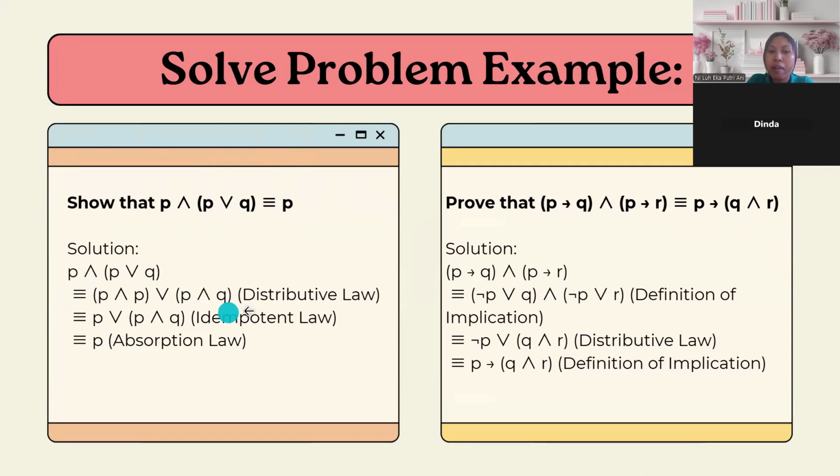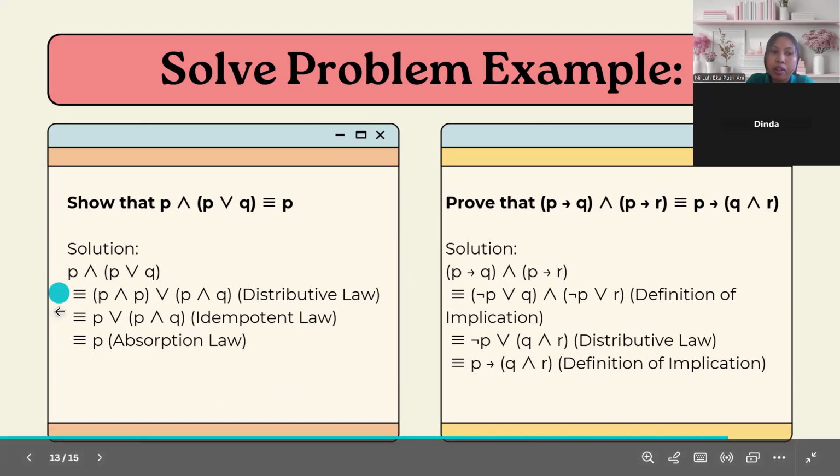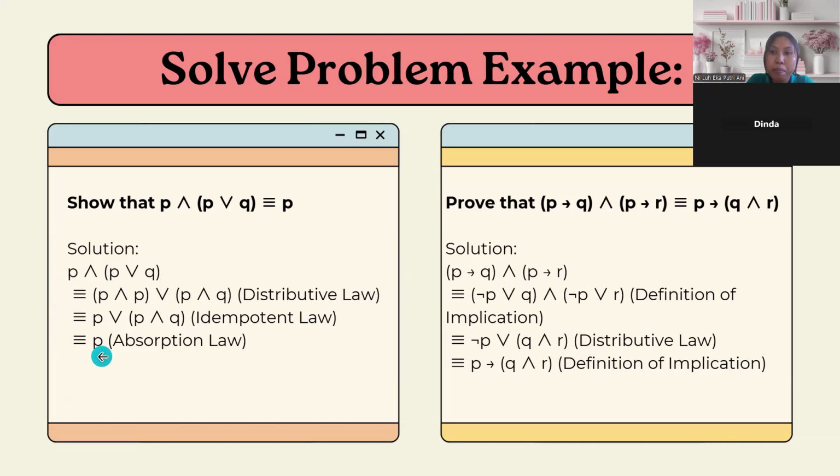This is from the distributive law. So this is equivalent to P or (P and Q). This is from the idempotent law. So we get this is equivalent to P. This is from the absorption law.